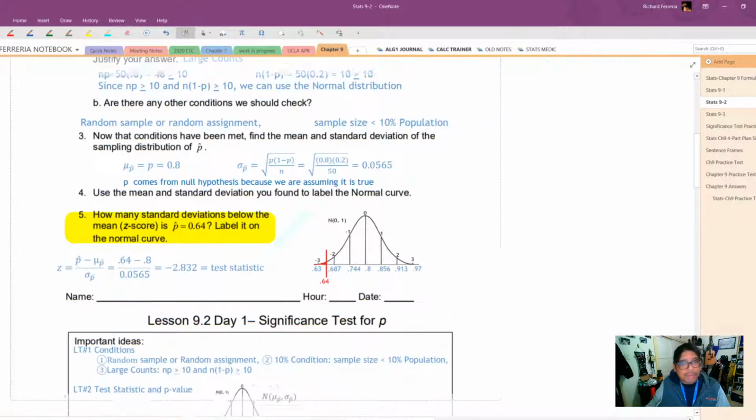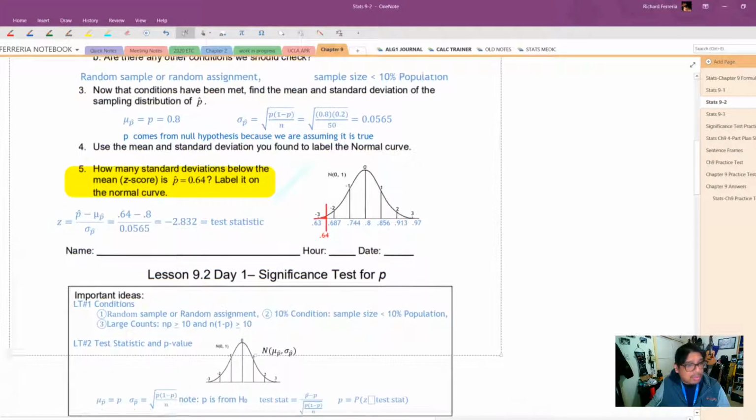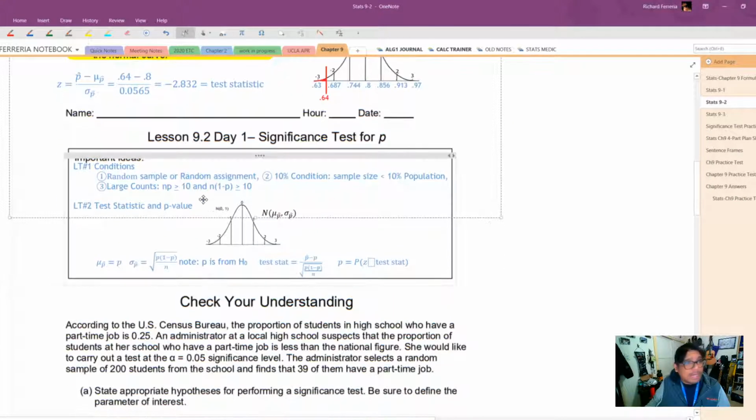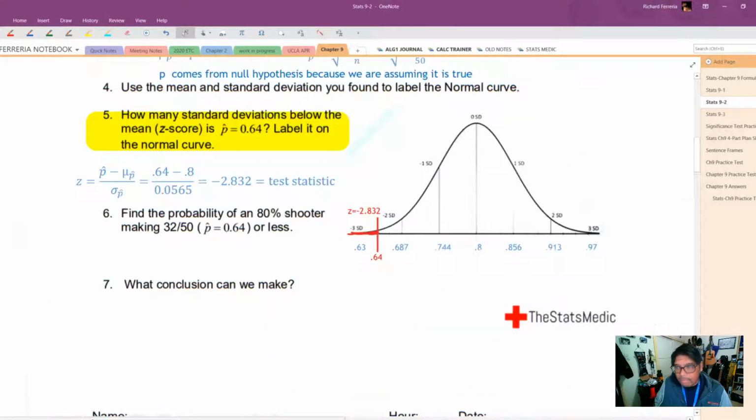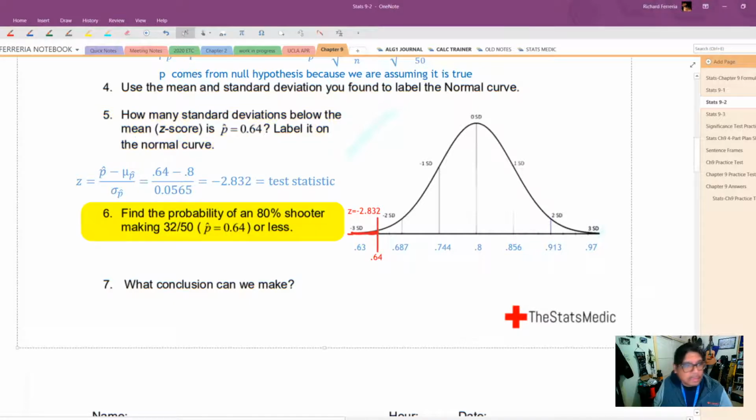Okay, so let's back up and we'll get to our important ideas here. Totally my mistake, we have more to do, my bad. Find the probability that an 80% free throw shooter will make 32 of 50, p hat being 0.64 or less.